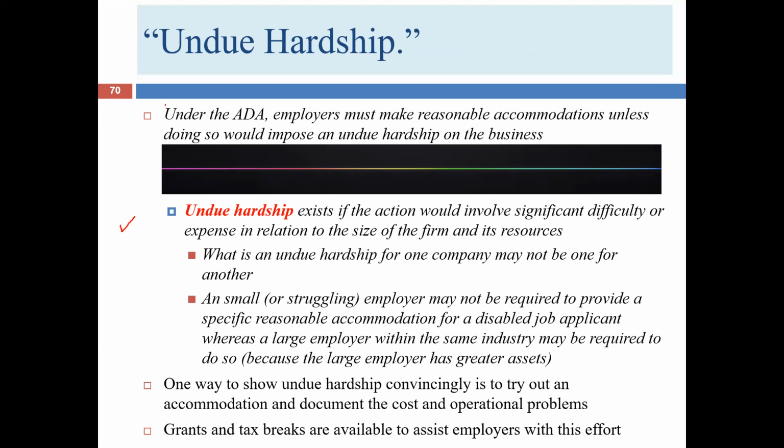This is the reasonable accommodation / undue hardship standard. Under the Americans with Disabilities Act, employers must make reasonable accommodations unless doing so would provide an undue hardship on the business. So this is the level for this particular business. The employer has to do whatever is necessary up until that point.